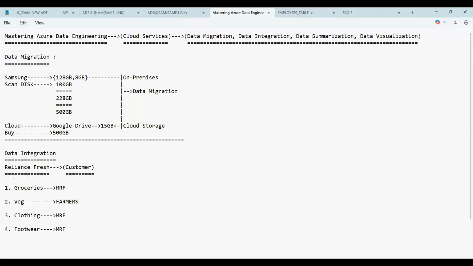Am I right? So technically, this process is called integration. Technically it is called what, guys? Integration process.